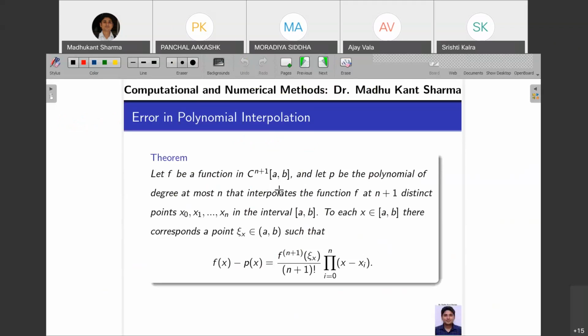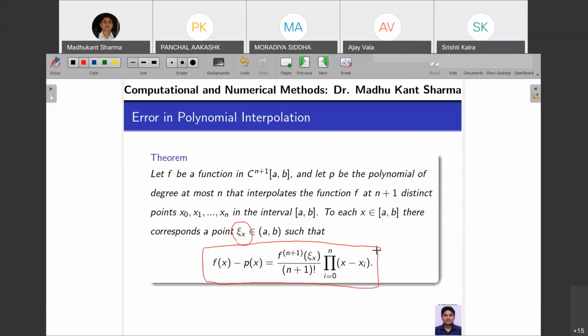And let p be the polynomial of degree at most n that interpolates the function f at n plus 1 distinct points x naught to xn in the following interval. Then for each x, you will be able to find a point z, which certainly depends on x, such that this result holds true, which we have derived just now.